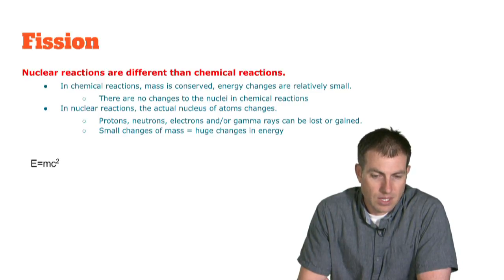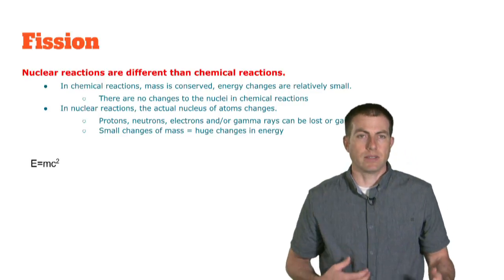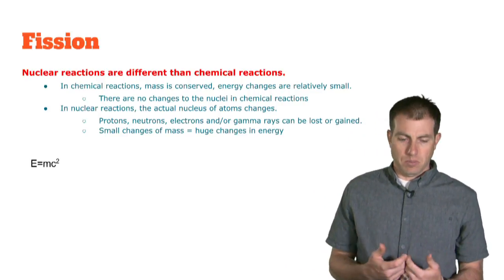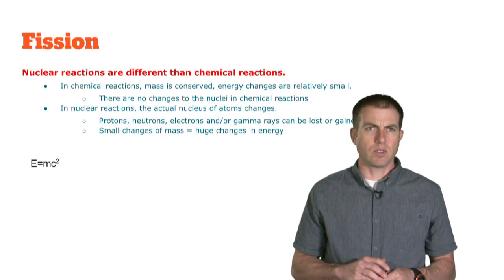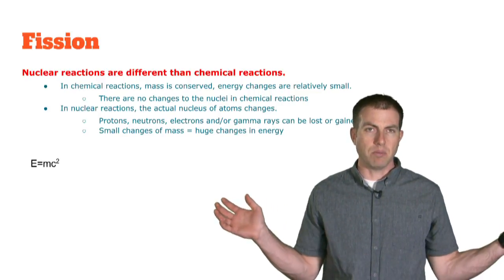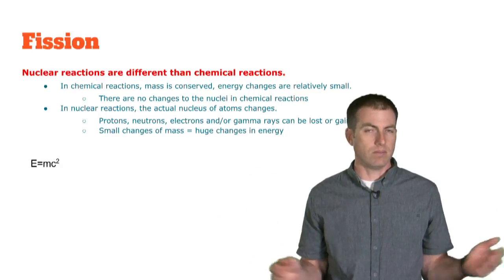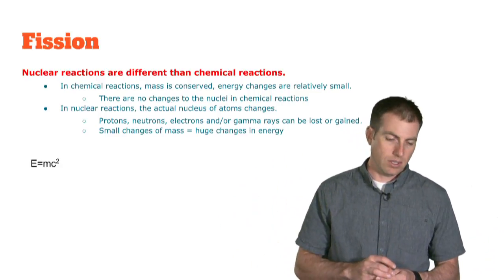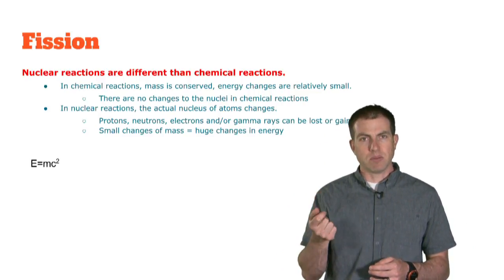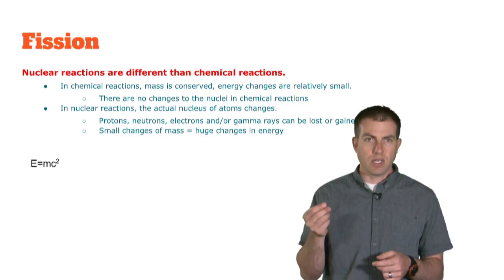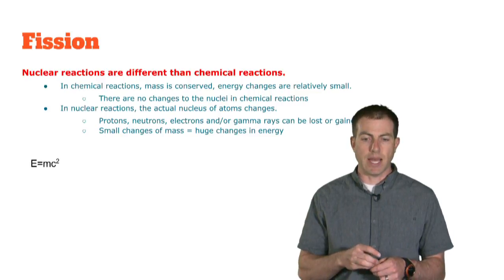In practical terms, if I took my mass, 60 kilos or 80 kilos, and multiplied it by the speed of light squared, I would get a massive number, like enough energy to power the world for years. When we talk about atoms breaking down and releasing energy, we're talking about such small quantities of mass.